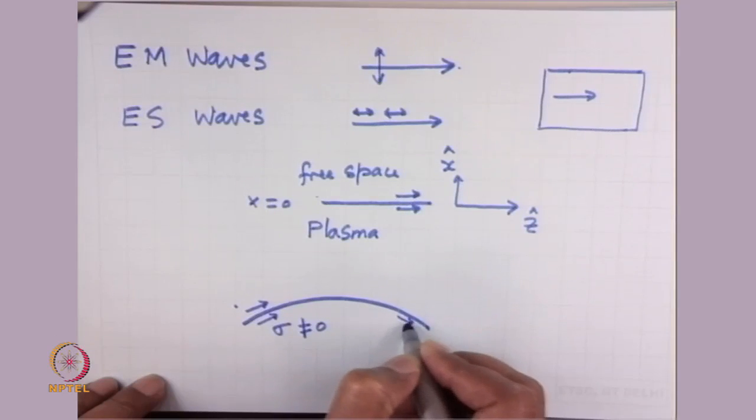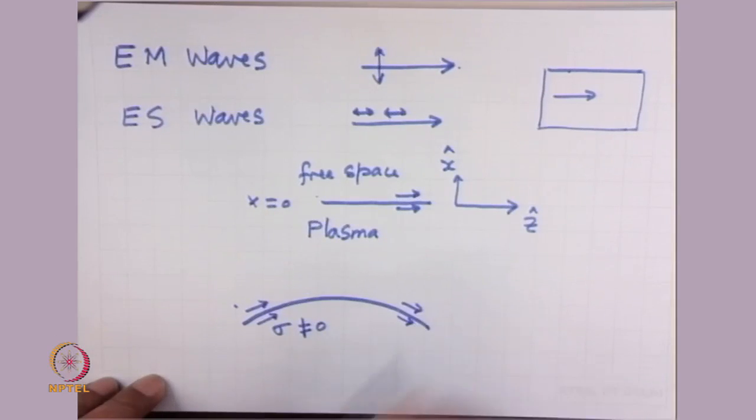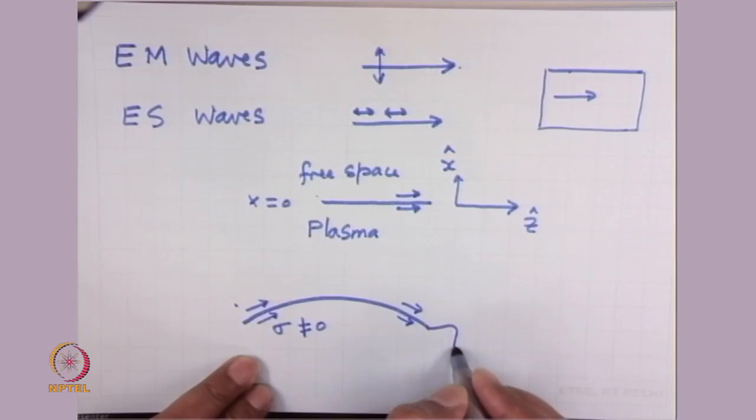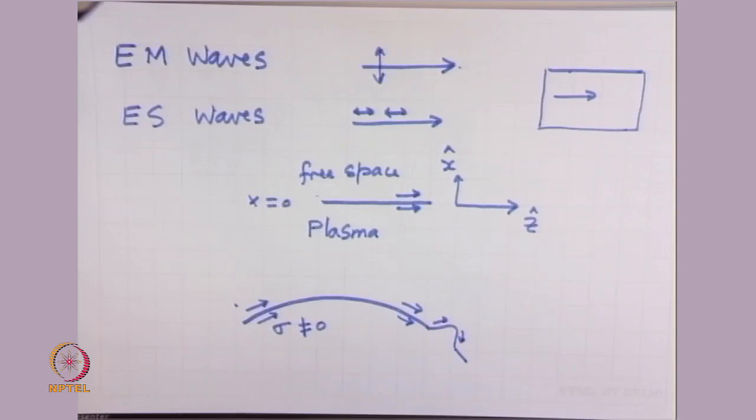So as the Earth bends, they will also bend. And if there is a mountain somewhere here on the surface of the Earth, then these waves will climb the mountain and get down from the mountain. These are very special kinds of waves which are primarily guided by the surface of the material, the surface of the conductor, maybe Earth in this case.